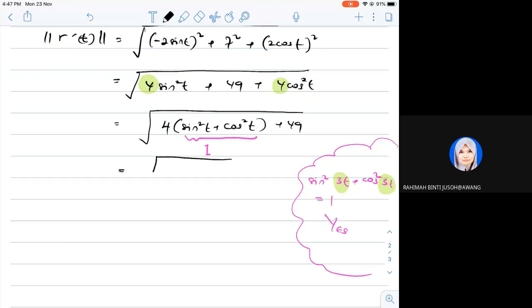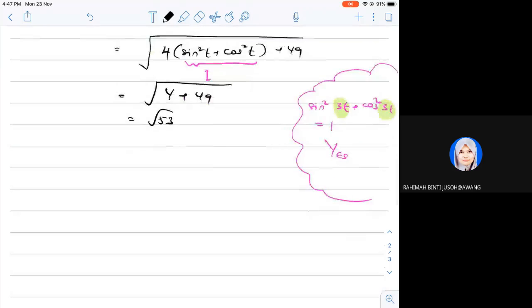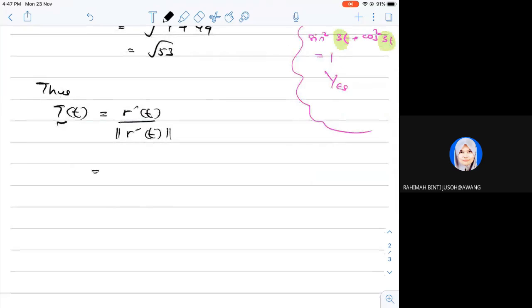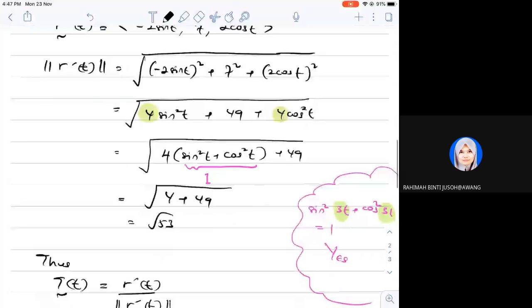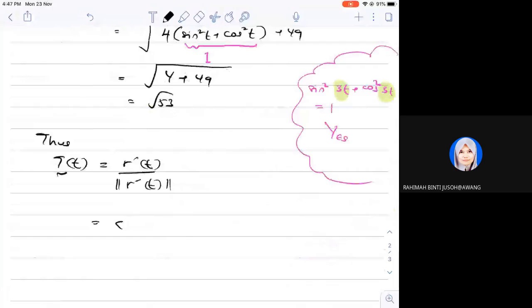So from here, we will have 4 times 1 plus 49, so altogether we have square root of 53. Thus the unit tangent vector T equals r prime t divided by the magnitude of r prime t. The answer is negative 2 sin t, 7, 2 cos t, divided by square root of 53.